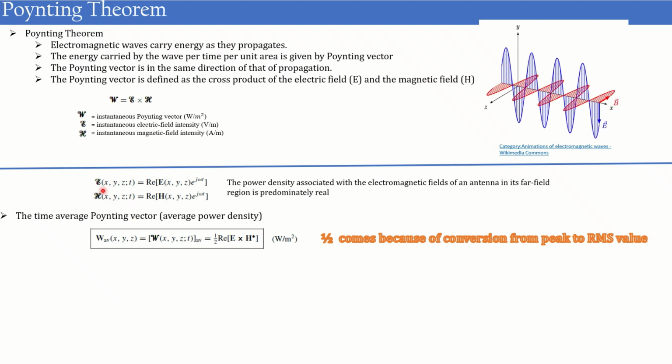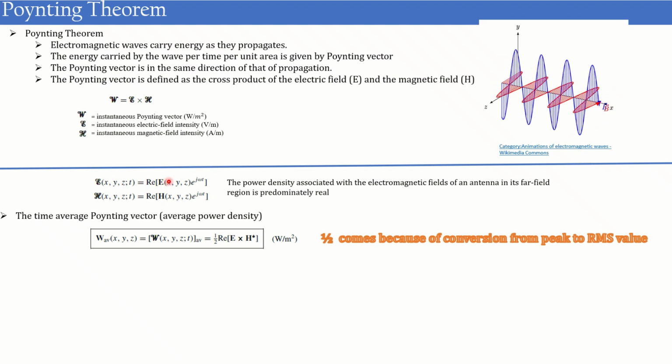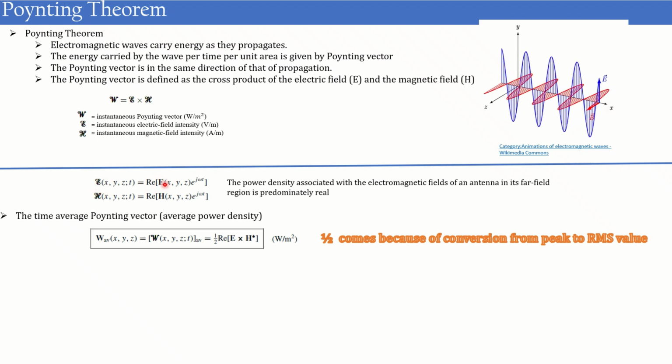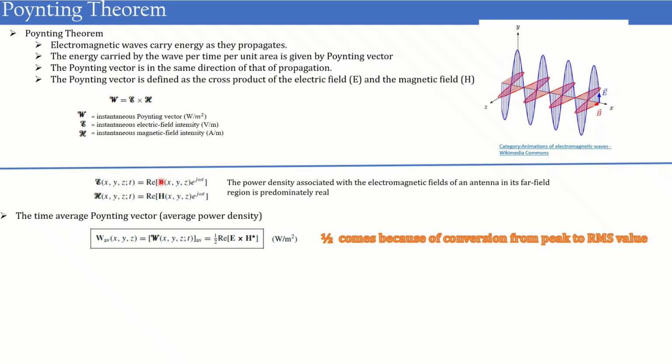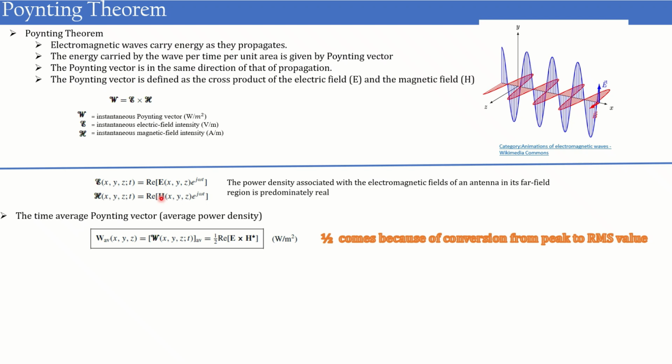So if we correlate the instantaneous electric field to the complex electric field, this is the expression. So the instantaneous electric field is related to the complex electric field by this expression, where E is the peak electric field and H is the peak magnetic field.